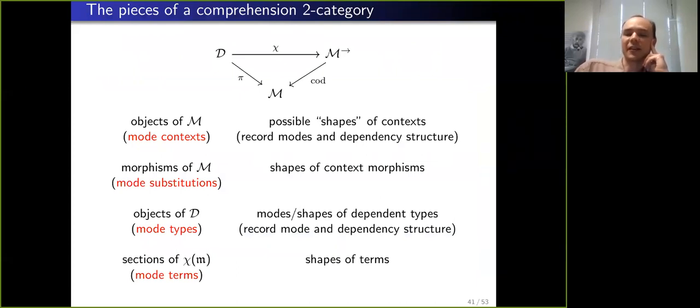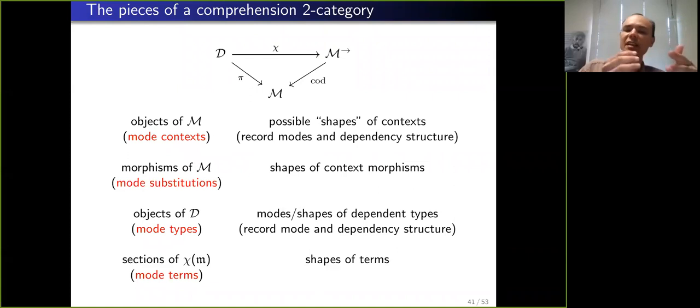So here is the way we think about these things. The objects of M are mode contexts, so they're shapes of contexts that it could have. Something like one of these inverse categories enhanced with modes and dependency structure in some complicated way. Each of those things is an object of M. And then the morphisms of M are substitutions between these, the shapes of how such a substitution might work between contexts.